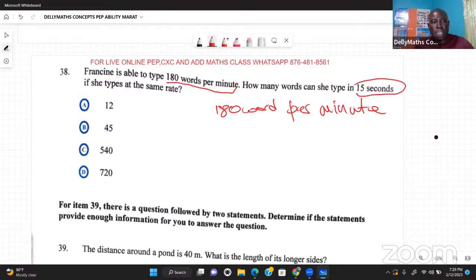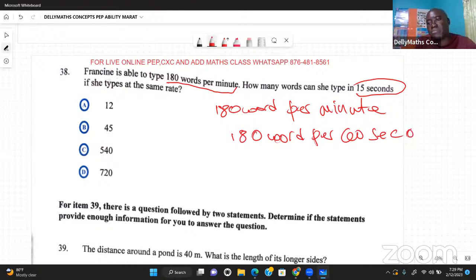All right. If she types at the same rate, you want to convert. You can break it right down. This is saying 180 words per 60 seconds. That's what it really means. So you can divide it out and find out. There are many ways, but you can find out how much she types in 1 second.